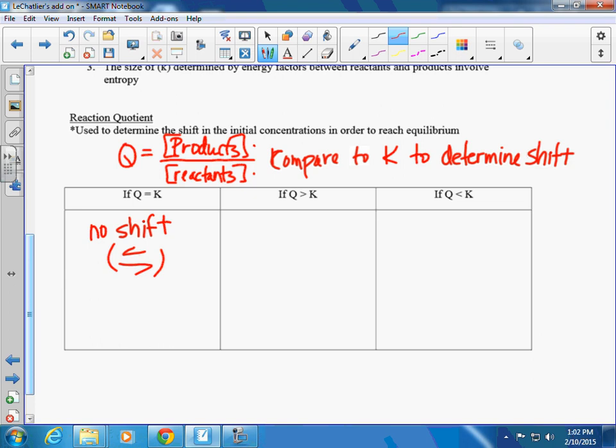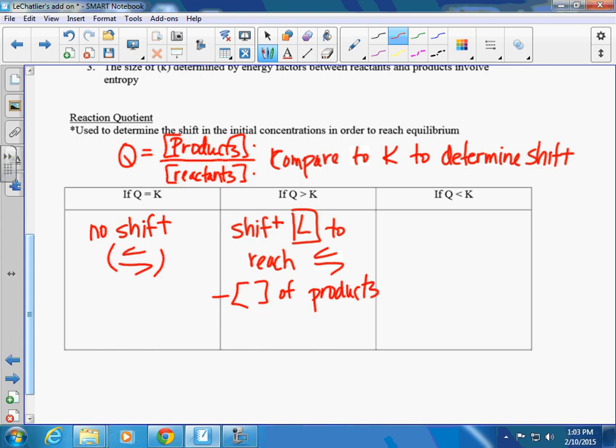So I need to shift left in order to reach equilibrium. The concentration of the products is too high, so we need to consume some products and form some reactants, so we're going to shift to the left.